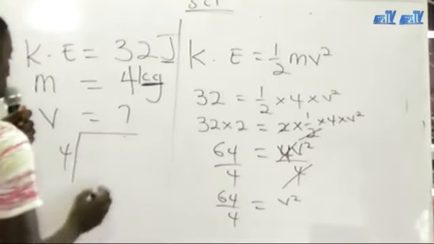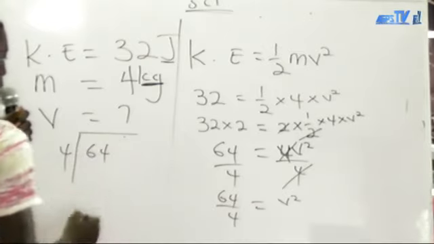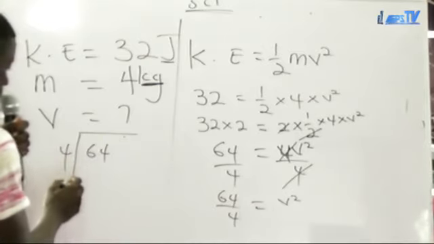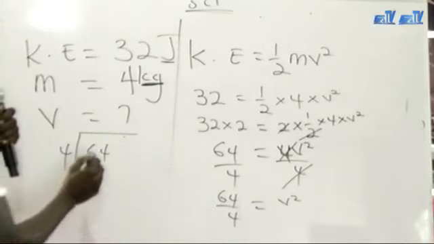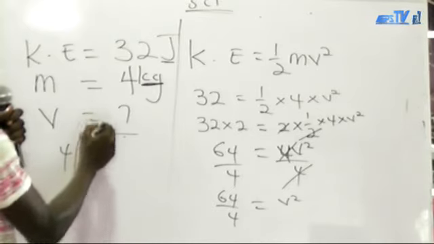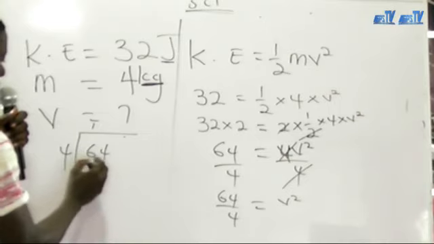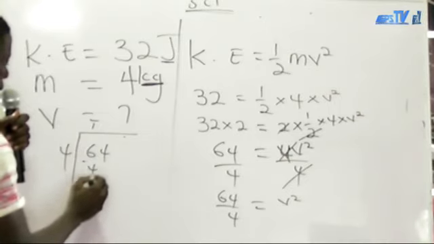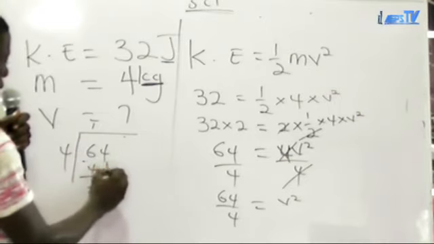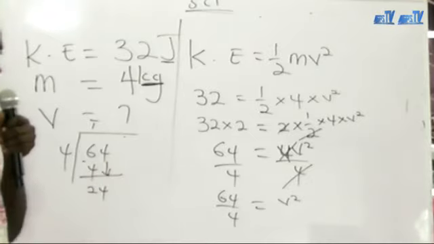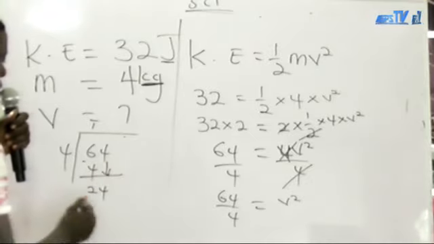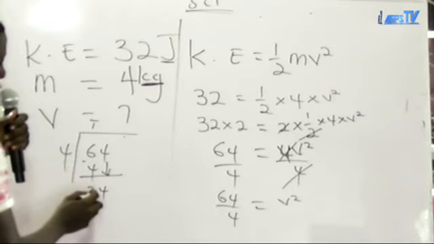Long division method, okay. So you write your 64 here. 4 goes into 6 how many times? So you have your 1 here. Then you write your 4, then you get 2. The next one, bring down your 4. Okay? So 4 goes into 24 how many times?